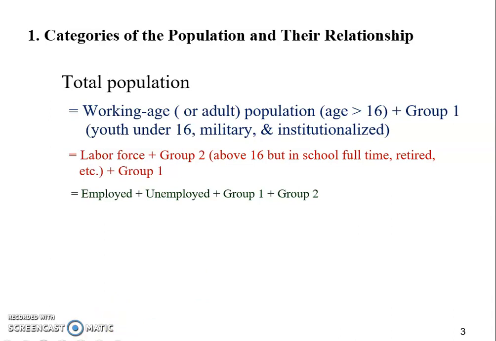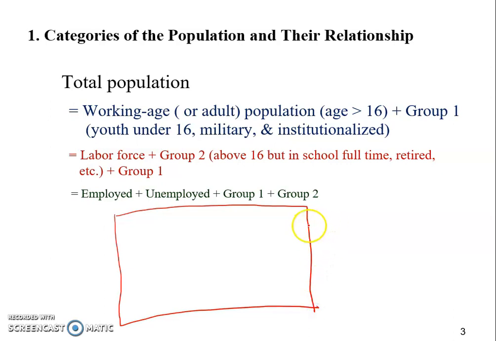All right, now let me use a Venn diagram to show you the relationship among these different groups. Suppose we use this big box here representing the total US population.